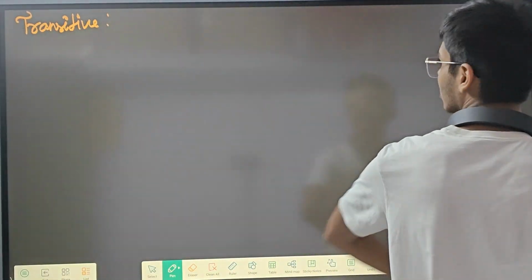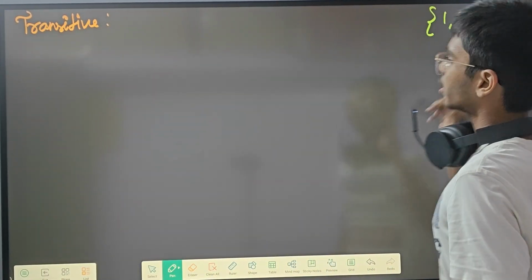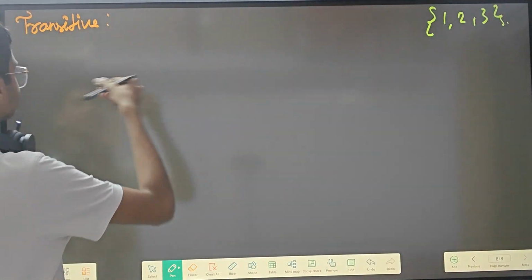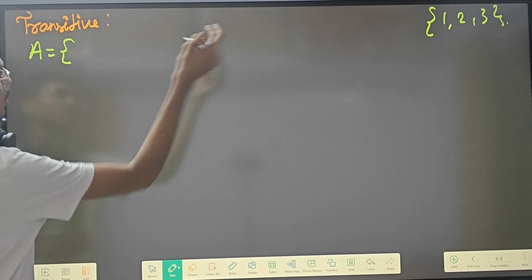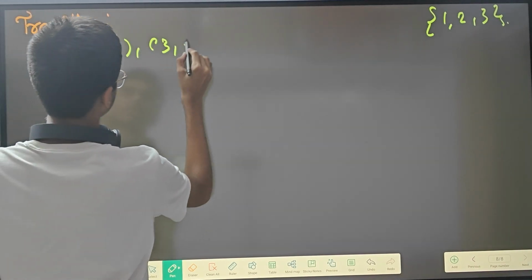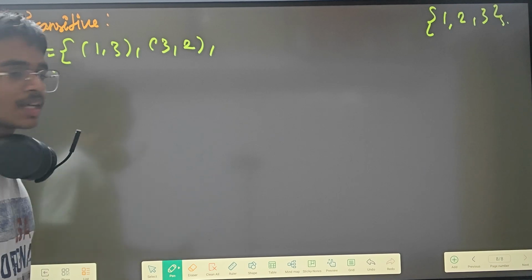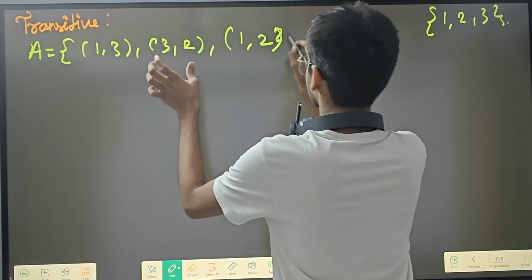So we have 1, 2, 3. If it is like this, 1 comma 3, then 3 comma 2, then 1 comma 2 should also be there.